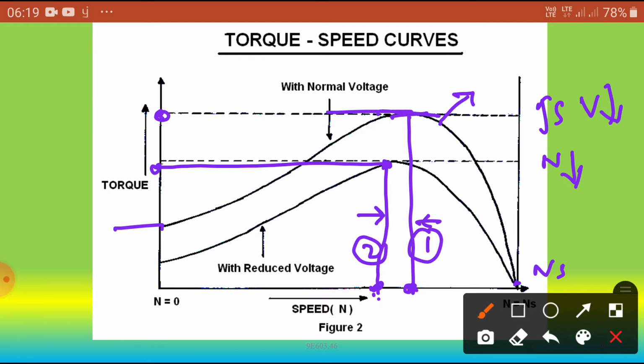In the first case we get this maximum torque at this speed. In the second case the maximum torque is reduced compared to the previous case, and the speed of the rotor is also reduced. So we have reduced the motor speed from this speed to this speed.